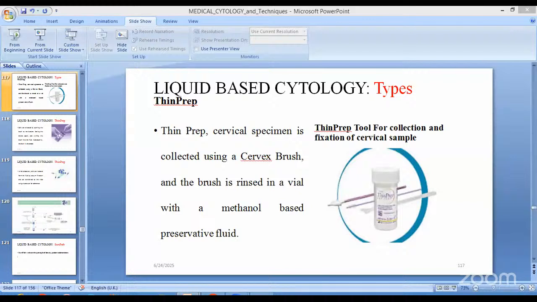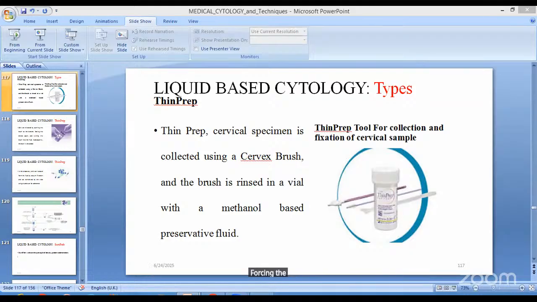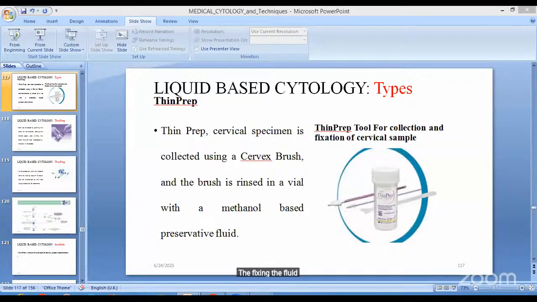Cells are released. This slide shows how cells are released by pushing the brush to the bottom, forcing the bristles of the brush to tear apart and swirling the brush into the fixing fluid. Subsequently, the brush is discarded.